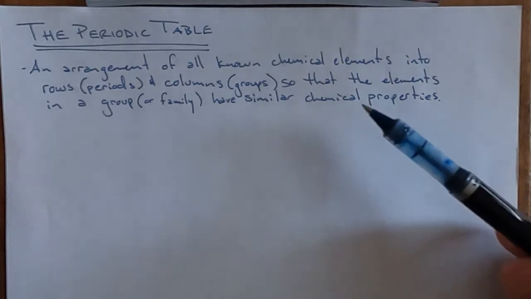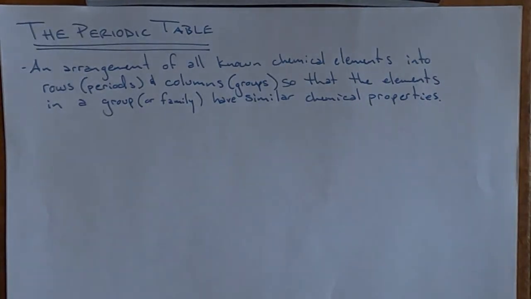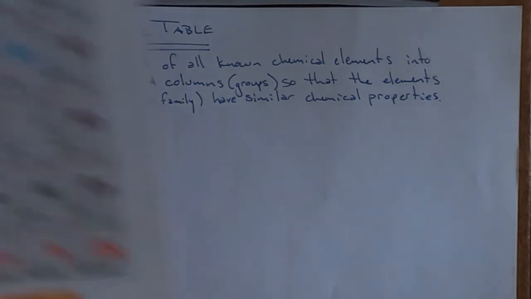Now, because they have similar chemical properties, whether things are something like a metal or a non-metal, those are all located in similar places on the periodic table.